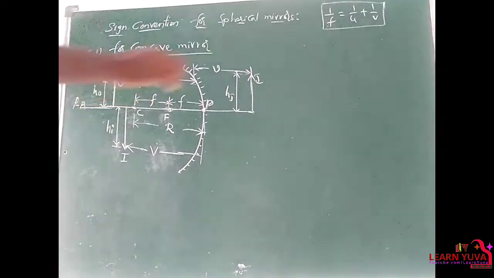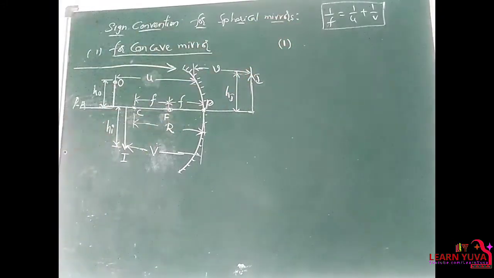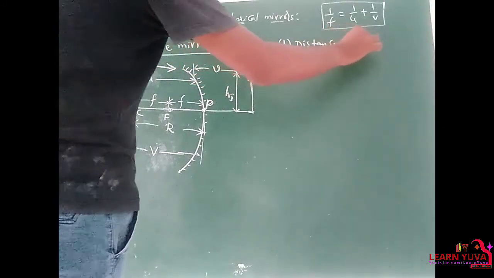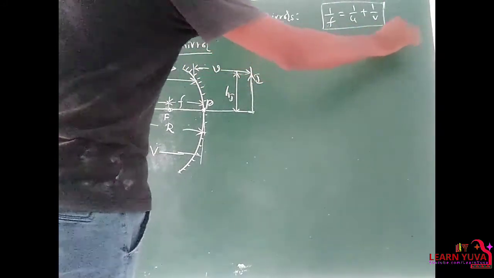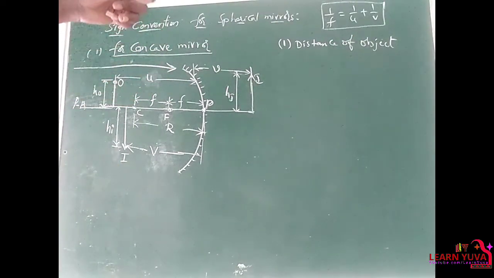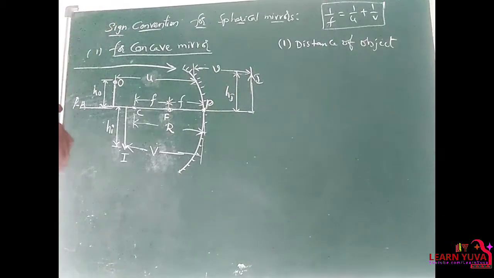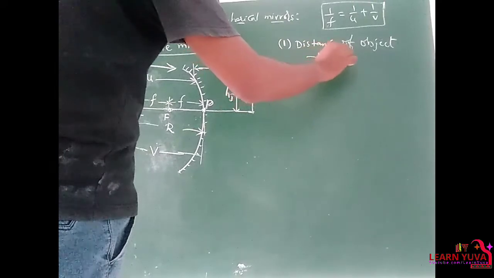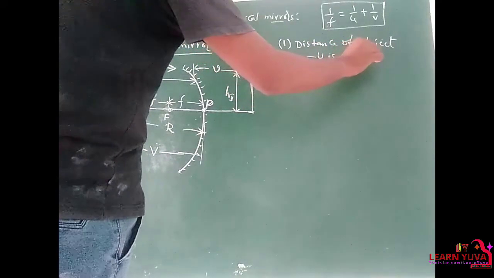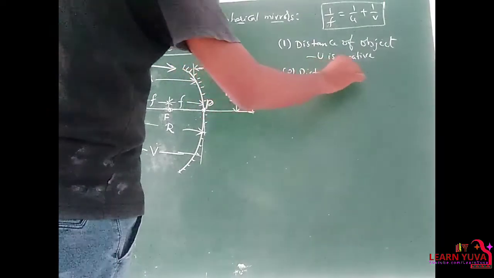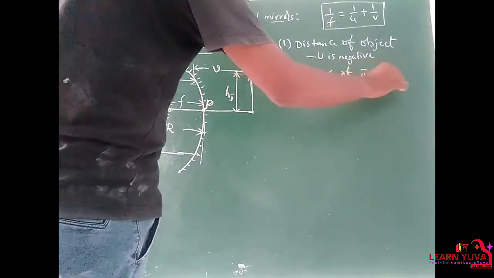Let's check the first one. Distance of the object is nothing but u. So here u is taken as negative. Second one, distance of image.